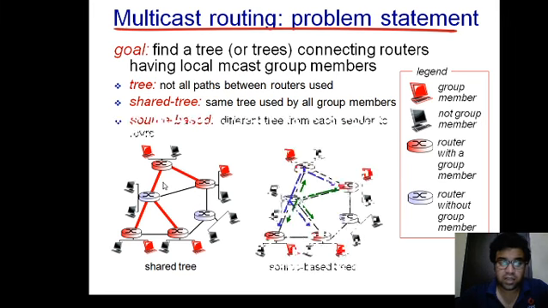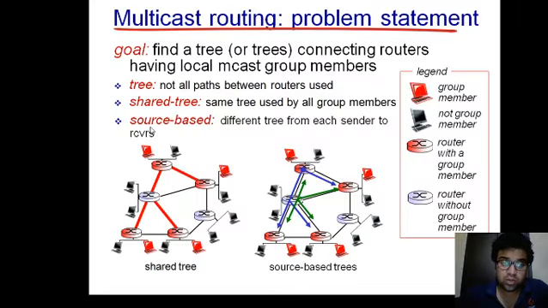But there is another way of disseminating your information to a particular group, called source based tree. Every source has a different tree for each sender to receiver. As you can see over here, we have got a blue tree and a green tree for different sources.